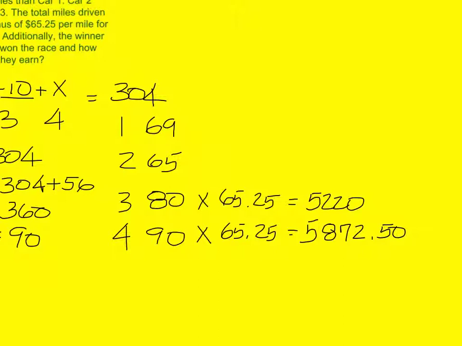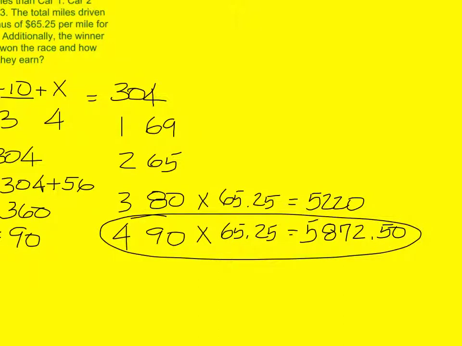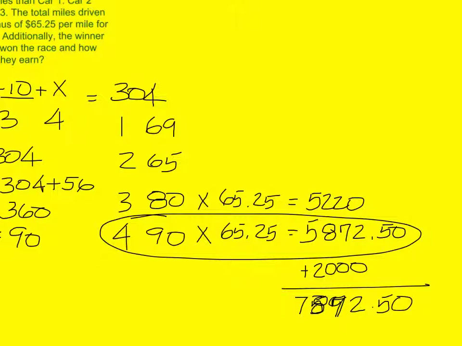Car 4 won the race, so we have that one, and they get $2,000 extra. So if I add 2,000 to this, I get 7,872.50. That's kind of hard to see. 7, 8, and this should be 7, 2. Okay. Car 4, 7,872.50.